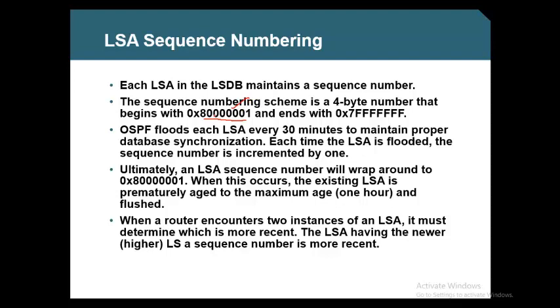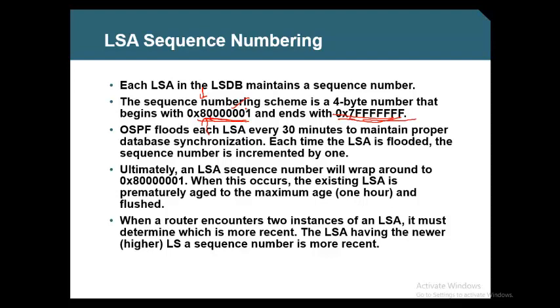When these all become F, instead of switching to zeros, it will switch to this one, so that it can again start from 8. If it reaches 7FFFFFFF, the very immediate next one is 80000000.